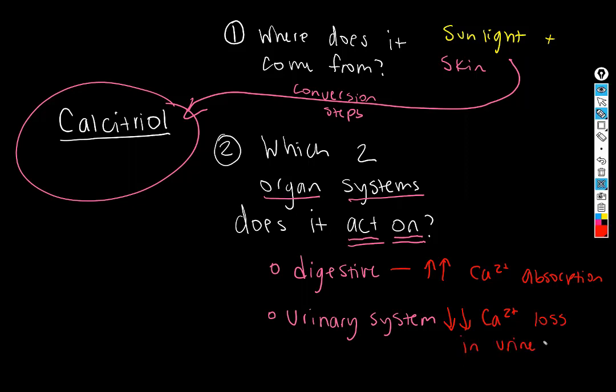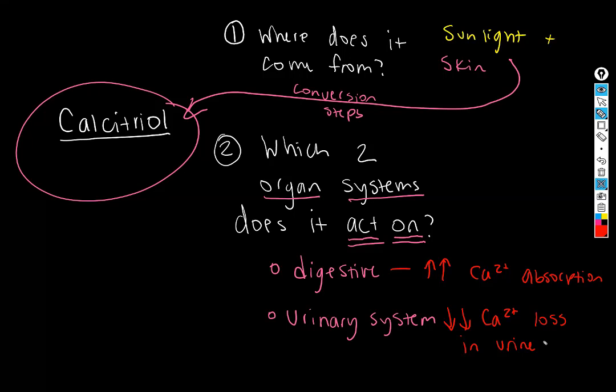So I'm looking at it and it also says, in the little diagram in chapter 5, that calcitriol stimulates calcium and phosphate ion absorption. Is that both in the digestive tract?